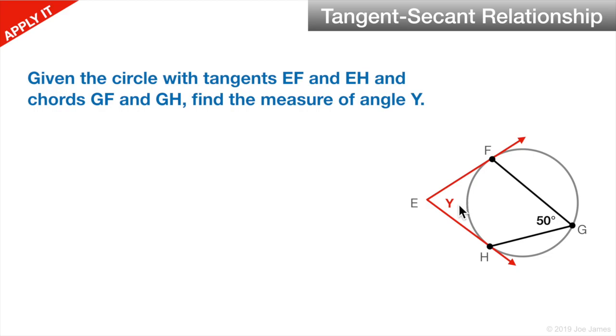So let's do a practice problem just to make sure we understand that. Given the circle with tangents EF and EH and chords GF and GH, find the measure of angle Y. So what is the measure of Y? How are we going to find Y?